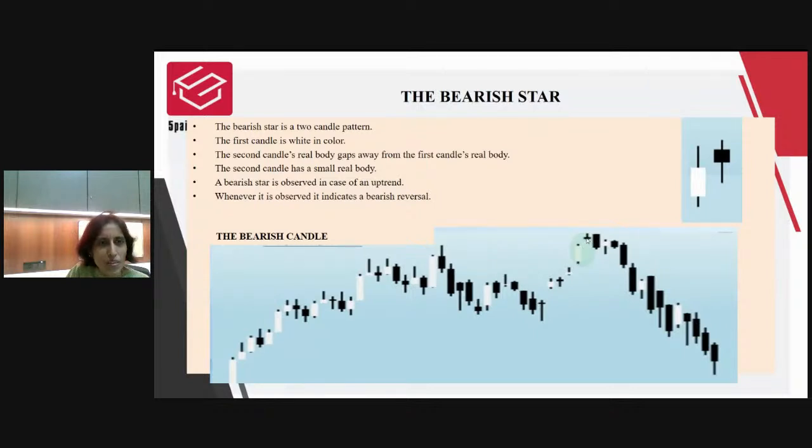The second candle's real body gaps away from the first candle's real body. And if you then see a black body, indicative of bearish sentiment, it is understood that a downtrend, or a bearish reversal, is likely to happen.